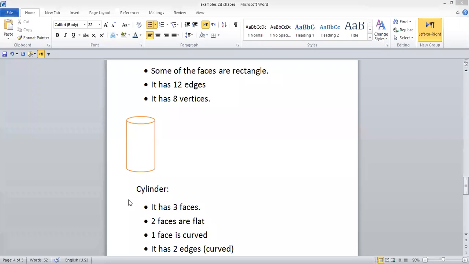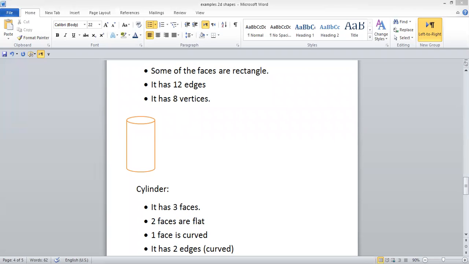Finish the cylinder. Cylinder has three faces. Two of them are flat and one of the faces of the cylinder is curved. How many edges are there in a cylinder? There are two edges in a cylinder. And how many vertices are there?